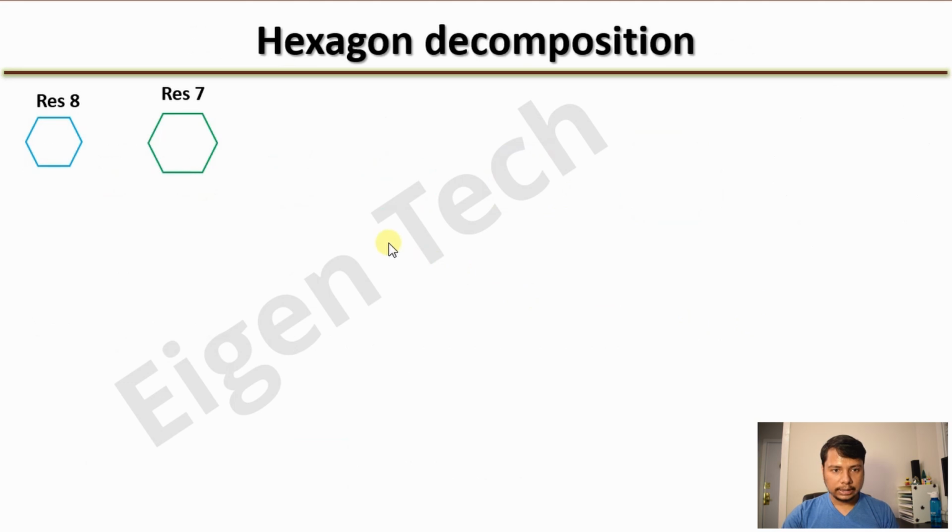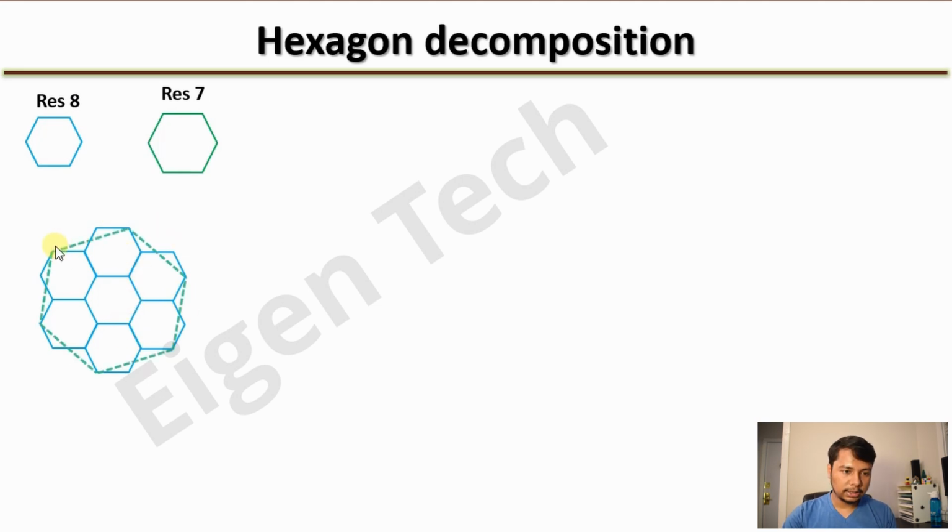If we consider hexes at resolution 8 and 7, these are not to scale, and let us draw 7 resolution 8s which are contiguous in this fashion. Then you can see that the resolution 7 hex will look like this. So 7 resolution 8 hexes are enclosed inside one resolution 7 hex.